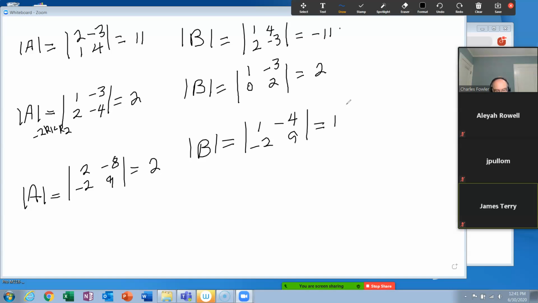We'll see. Because it doesn't change the determinant at all. And then finally, when B is obtained from A by multiplying a row of A by a non-zero constant C, then the determinant of B is going to be that same non-zero constant C times the determinant of A.